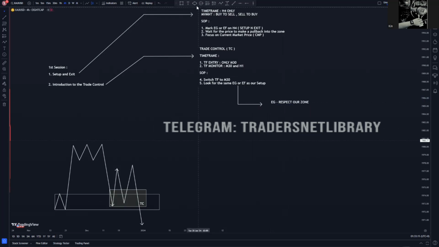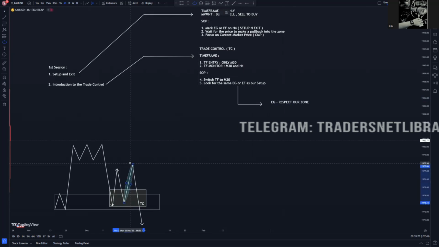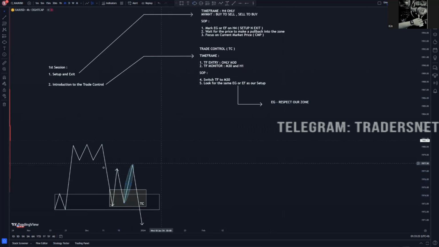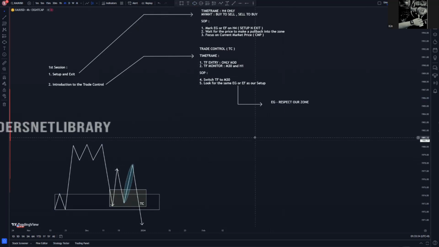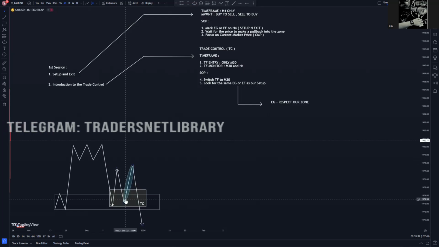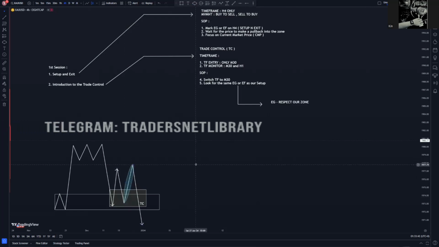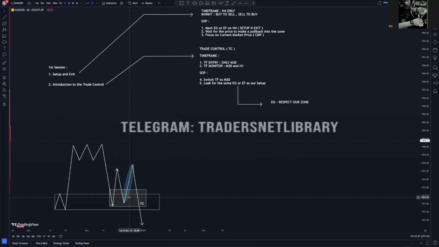So look over here. Was the price respecting the zone just now? Right, because when the price got into the buy zone, there was a buy movement out there, even though it's just about 5 pips or 10 pips or 20 pips. When the price got into the buy zone, it created the same engulfing as our setup, and there was a buy movement. Even though it's just 5 pips, this was respecting the zone.